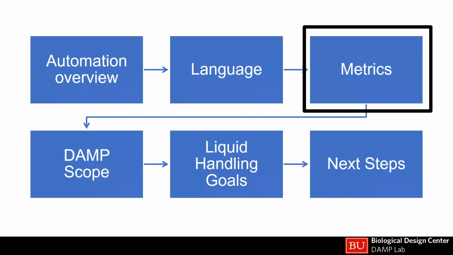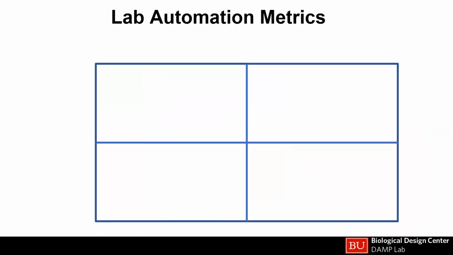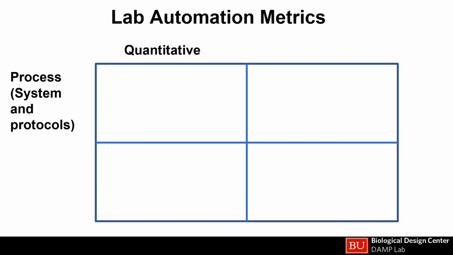Moving into metrics, this was on my mind last week. I was with Pete and others at the workshop for standards and metrics, and I break it down in these quadrants. You have metrics regarding the process, like the system and the protocols. These can be quantitative and qualitative.